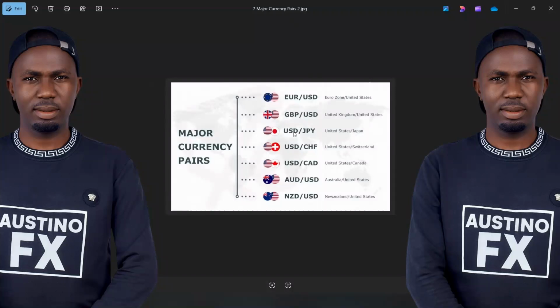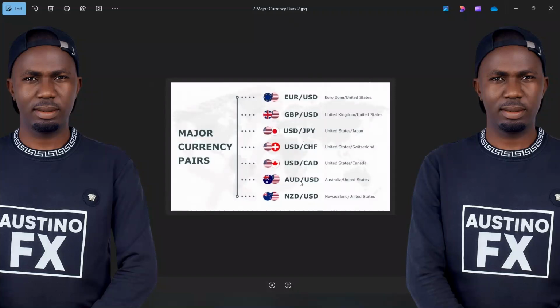Then the USD/JPY is the Japanese yen against the US dollar. Then the CHF and the USD is the Swiss franc against the USD, United States of American dollar. The USD/CAD is the Canadian dollar against the US dollar.